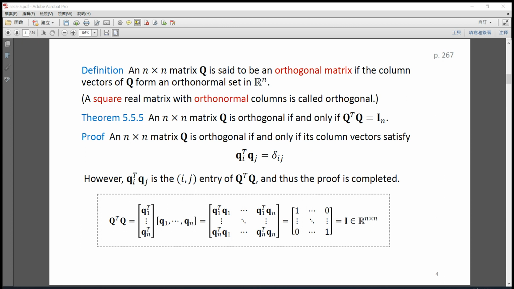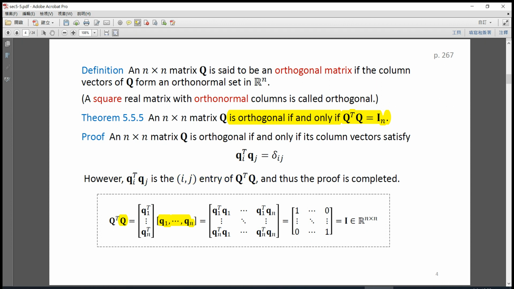Theorem 5.5.5 states that an n times n matrix Q is orthogonal if and only if Q transpose Q equals the identity matrix. To prove this fact, we partition matrix Q as Q1, Q2 up to Qn, where Qi is the ith column of matrix Q. And we know that the ij entry of Q transpose Q is Qi transpose times Qj.